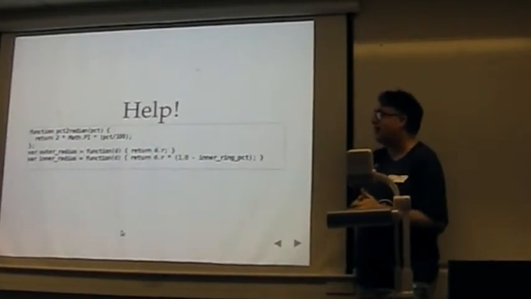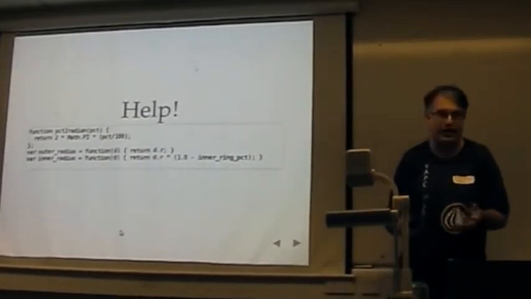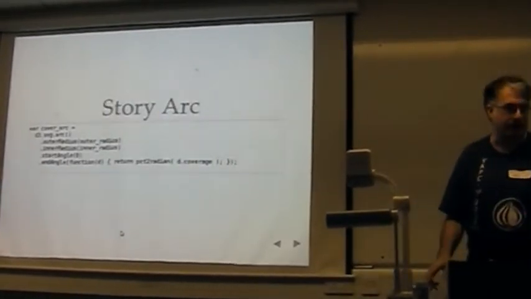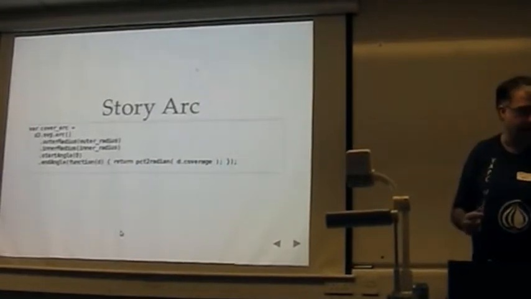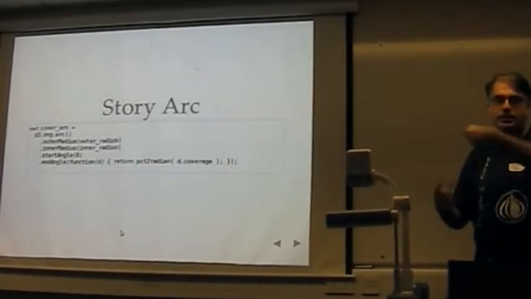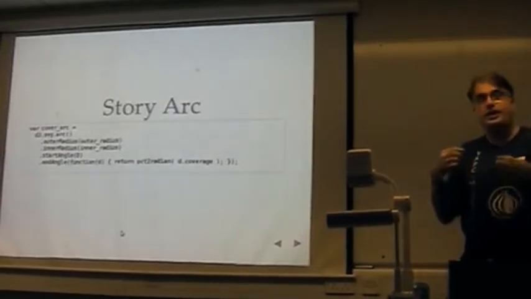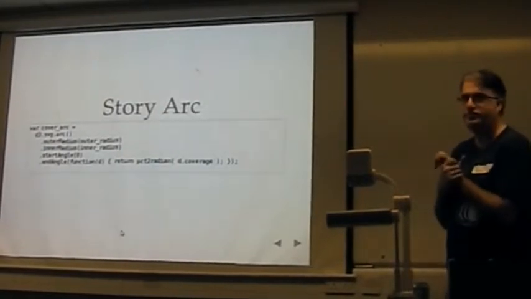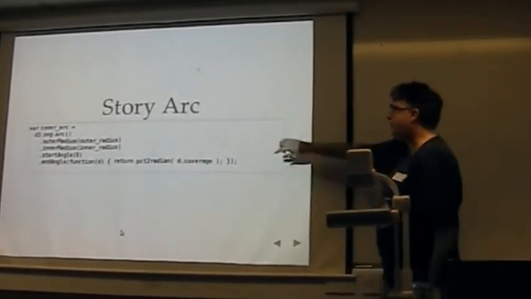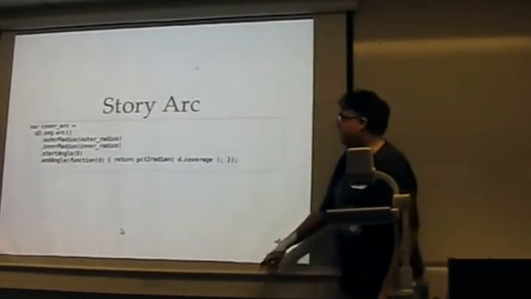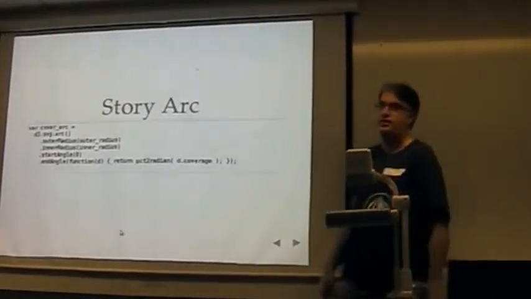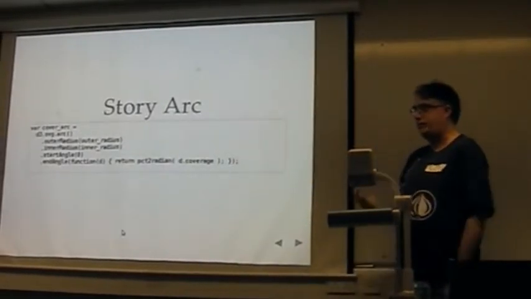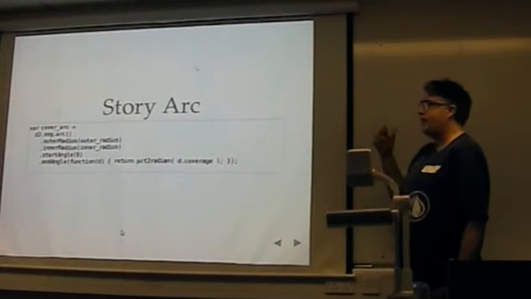I think I kind of understand why, because of the way JavaScript passes around object references. Namely, this block here, which I declare an outer and inner radius, as well as this time a function value.